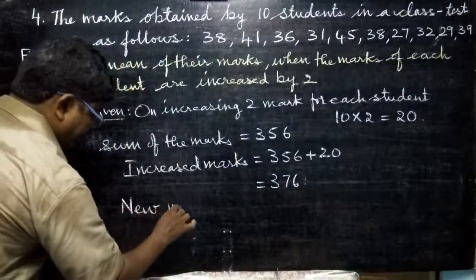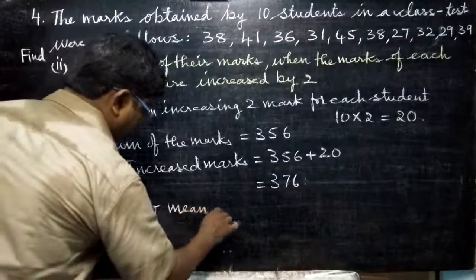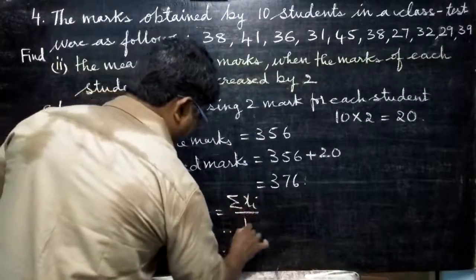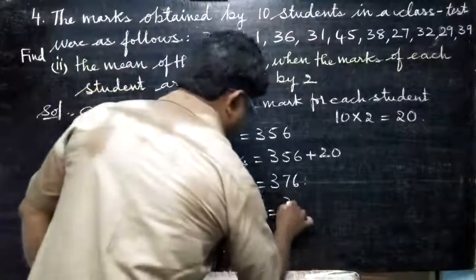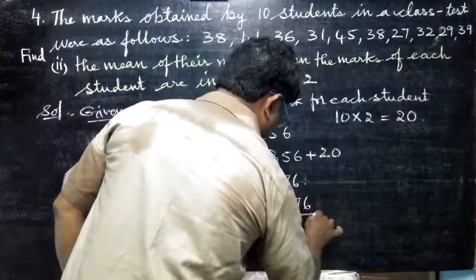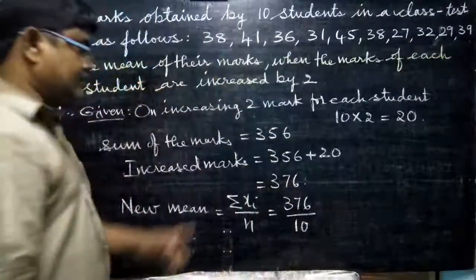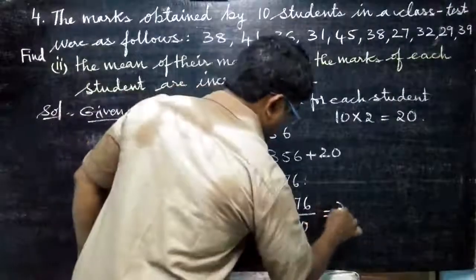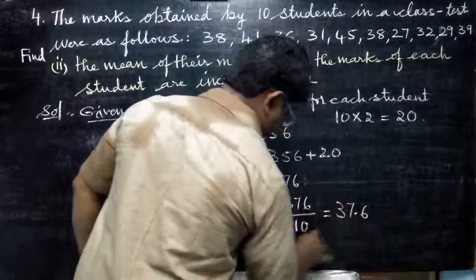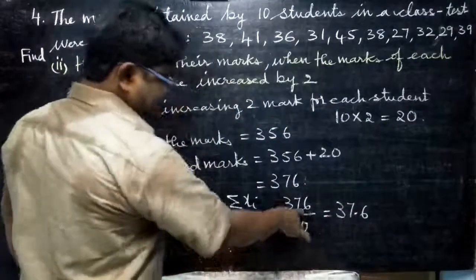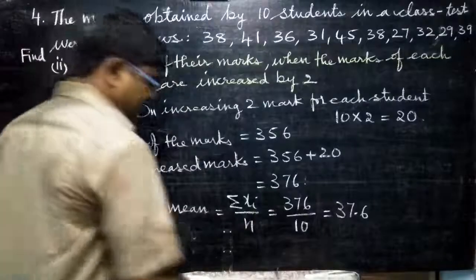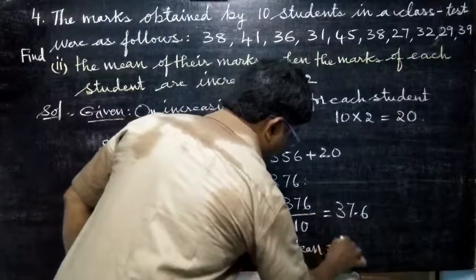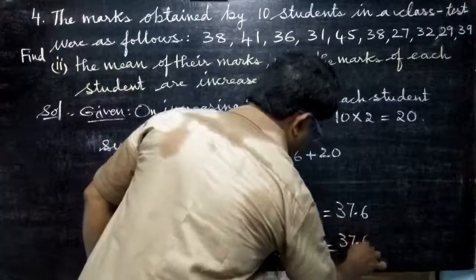Now you are going to find the new mean. New mean is equal to sigma xi by n. That is equal to 376 by 10. Students did not change. Marks increased. Same 10 students only. Now 37.6. 10 is there, after one digit we are going to put the decimal. Therefore, new mean is equal to 37.6.